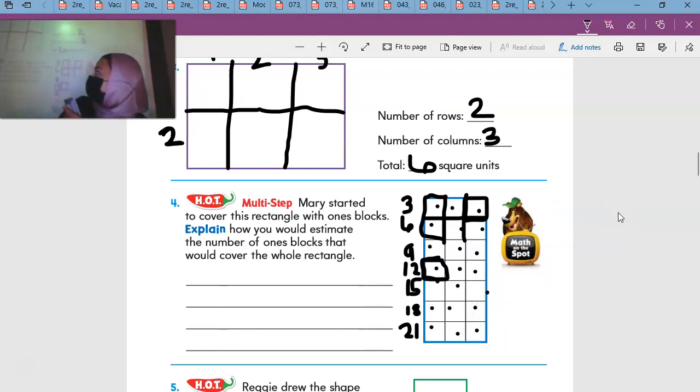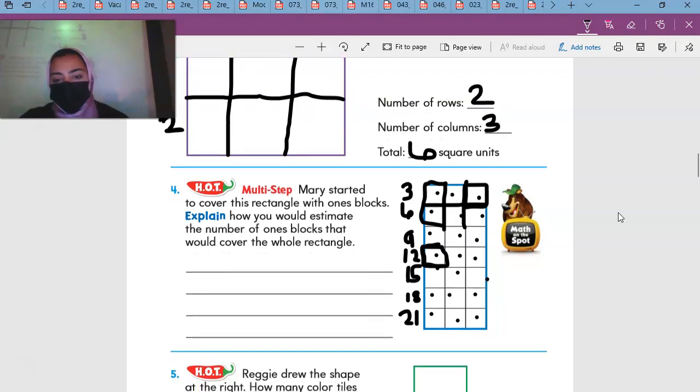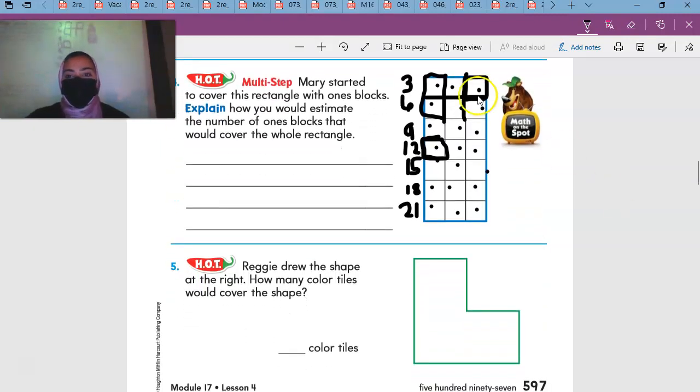You could have done that too. But you do know that 21 ones blocks would cover the whole rectangle.